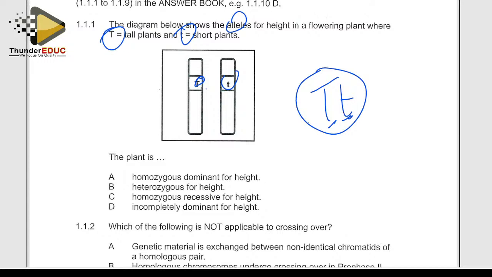So the plant is heterozygous for the height. That looks to be the most correct answer, which is B. So you get 2 marks there.